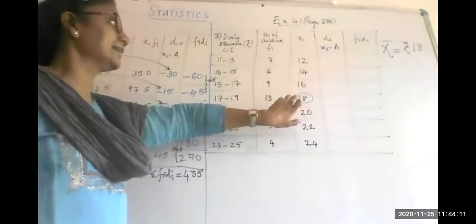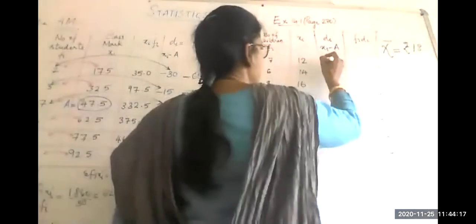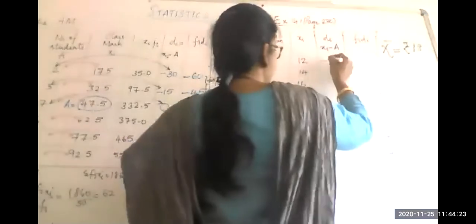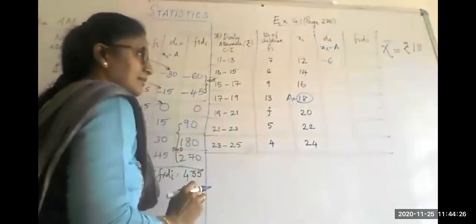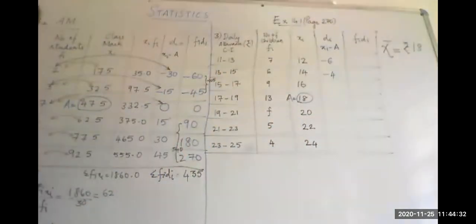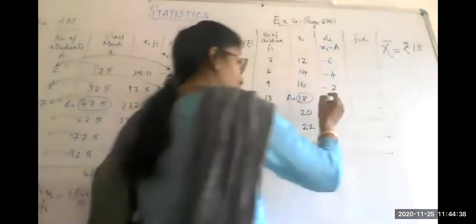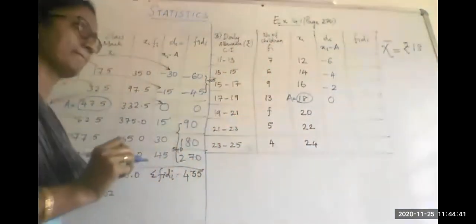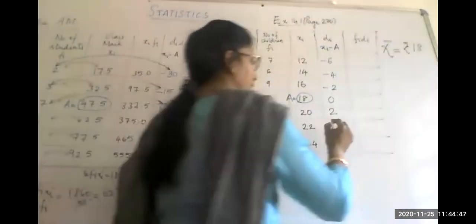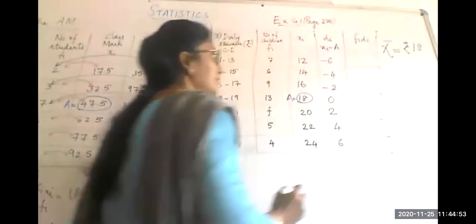So 12 minus 18, negative 6. 14 minus 18, negative 4. 16 minus 18, negative 2. 18 minus 18, 0. 20 minus 18, 2. 22 minus 18, 4. 24 minus 18, 6. So you got your di values.